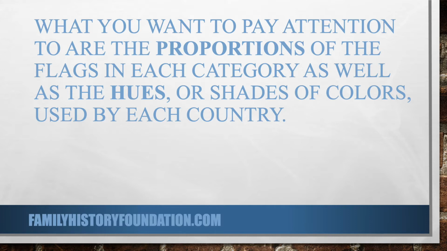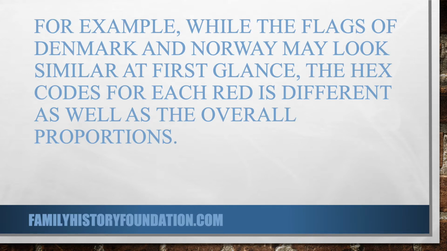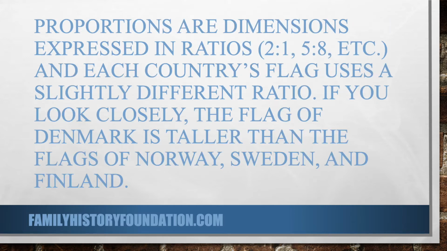Well, what you want to pay attention to are the proportions of the flags in each category, as well as the hues or shades of colors used by each country, as they do vary very subtly, as mentioned before. For example, while the flags of Denmark and Norway may look similar at first glance, the hex codes for each red is different, as well as the overall proportions of the flag itself.